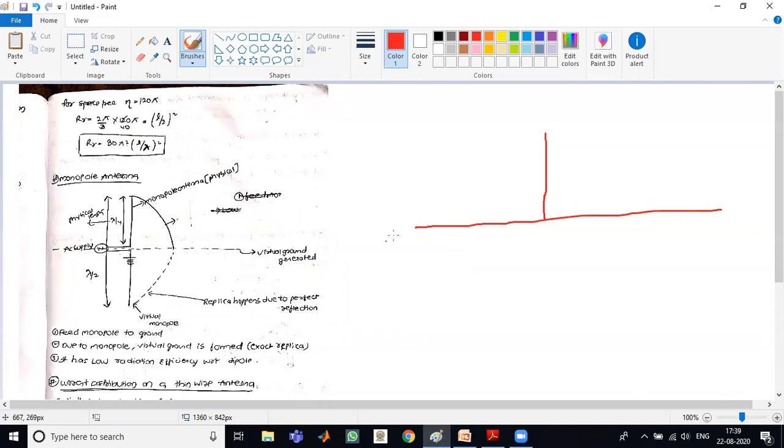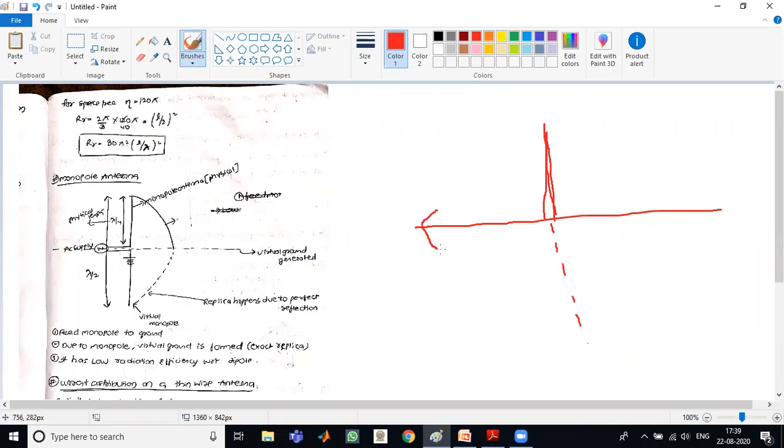Now, the antenna is fed to the ground. Due to this, a virtual monopole is created. That is, think of a shadow being created, a virtual monopole of this antenna.